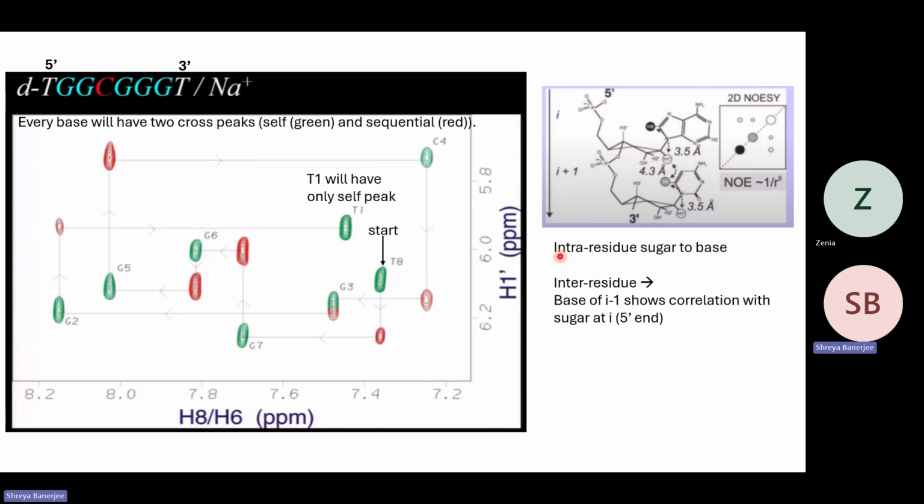Similarly, G7 shows a self peak and a sequential peak with G6. G6 shows a self peak and a sequential peak with G5. Like this, if you move through the spectra, you will end up in T1. T1 will only have a self peak because there is no residue before it. So if you follow the NOESY spectra, you will be able to figure out the DNA sequence.